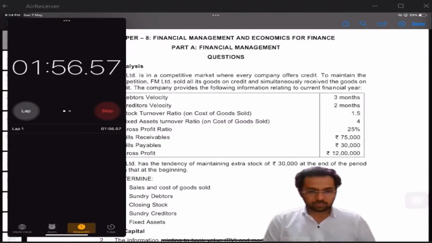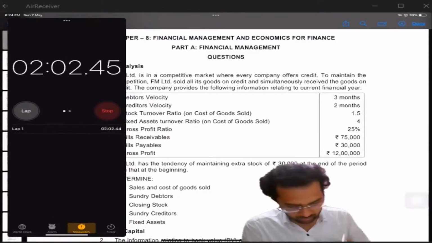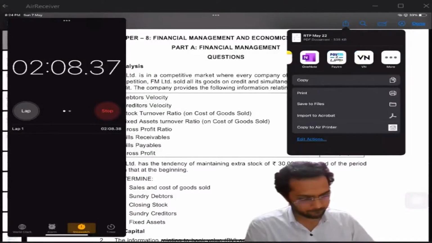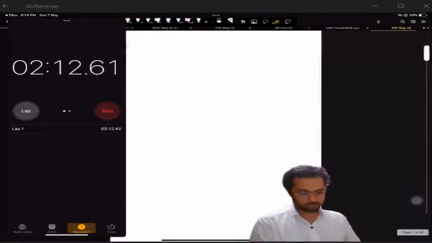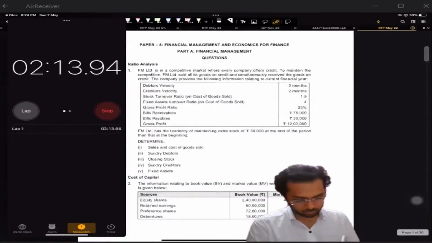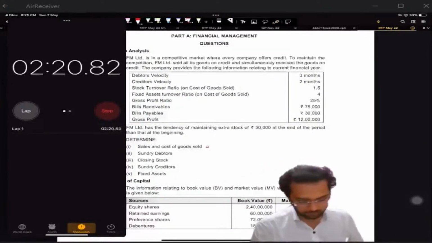Okay, 2 minutes down, 5 more minutes left for you guys. I think you should be able to get the COGS pretty easily.